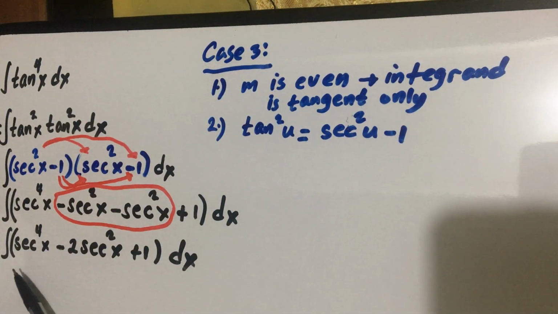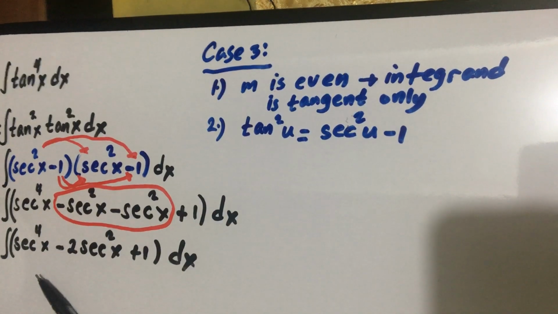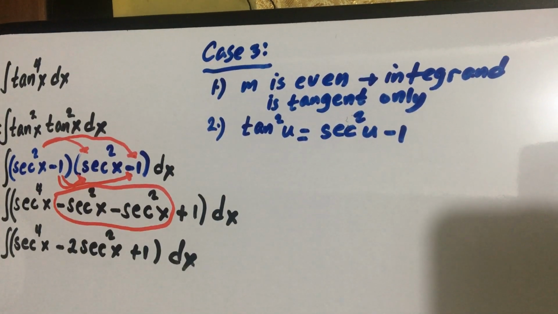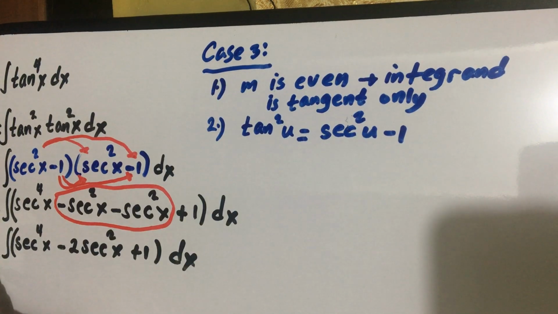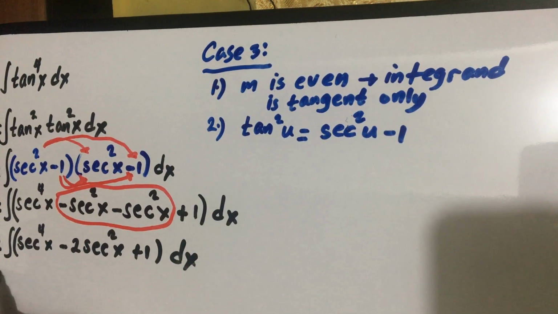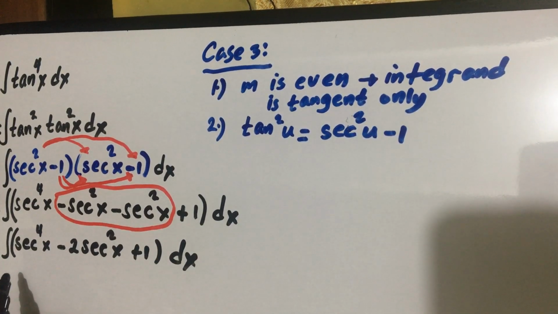So for the first term here, we have to apply the rule in case 2. In case 2, we have to factor out secant squared u du. In other words, you have to express this as two factors.